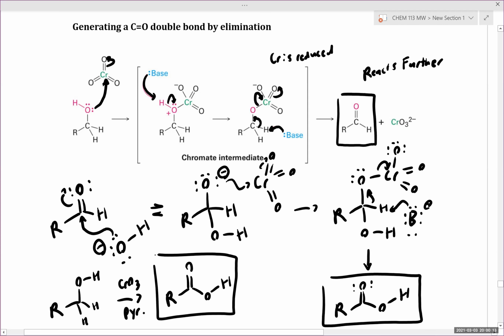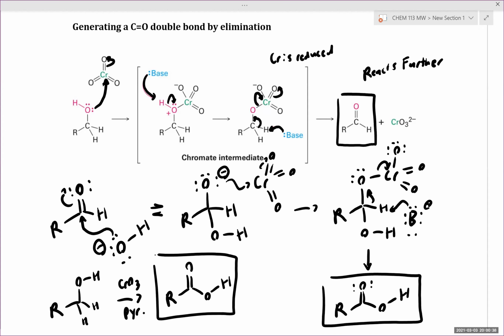It's pretty hard to get a PCC oxidation or chromium trioxide based oxidation to stop at the aldehyde. If you want the oxidation to stop at the aldehyde, it's generally preferred to use Dess-Martin periodinane under neutral conditions. Does that make sense to everyone?